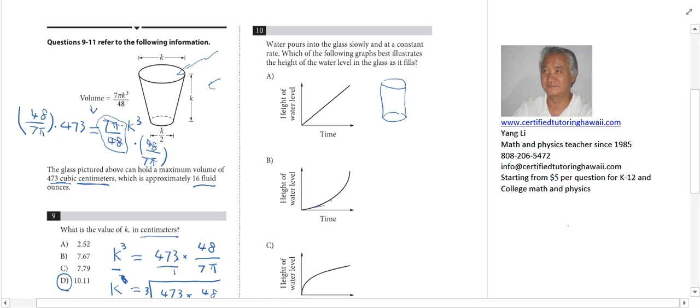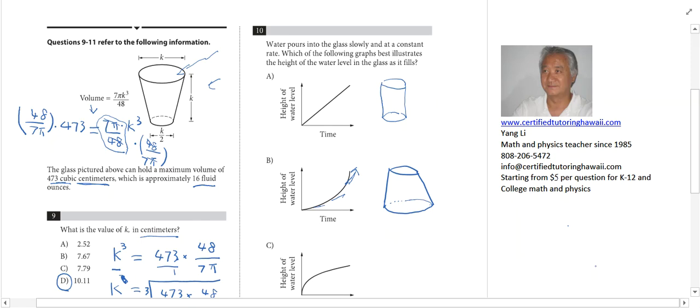And then later on, the slope is getting what? Steeper. And even steeper, like this. You get it? So if the container is not like the one given, it should be like this. Like this one. Okay? At the beginning, increasing at a slower pace going up, and then later on it's getting faster and faster.